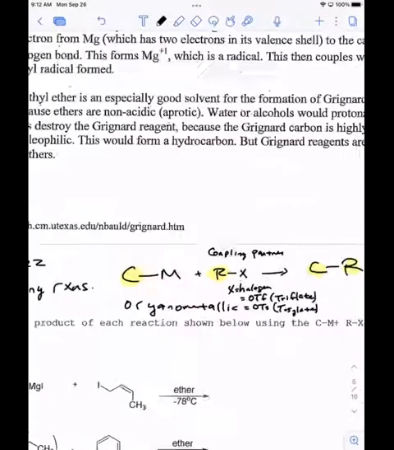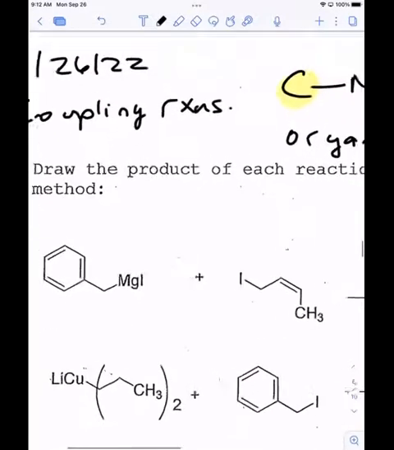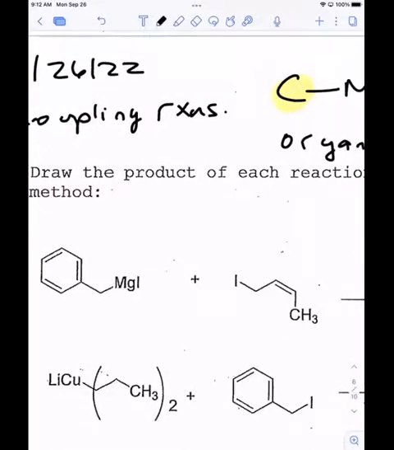It's that simple. So in this first example, which one of those is the organometallic? Magnesium. Yes, I agree. What type of organometallic is that? We only learned two. One of them doesn't couple, so it's got to be one or the other. Grignard.